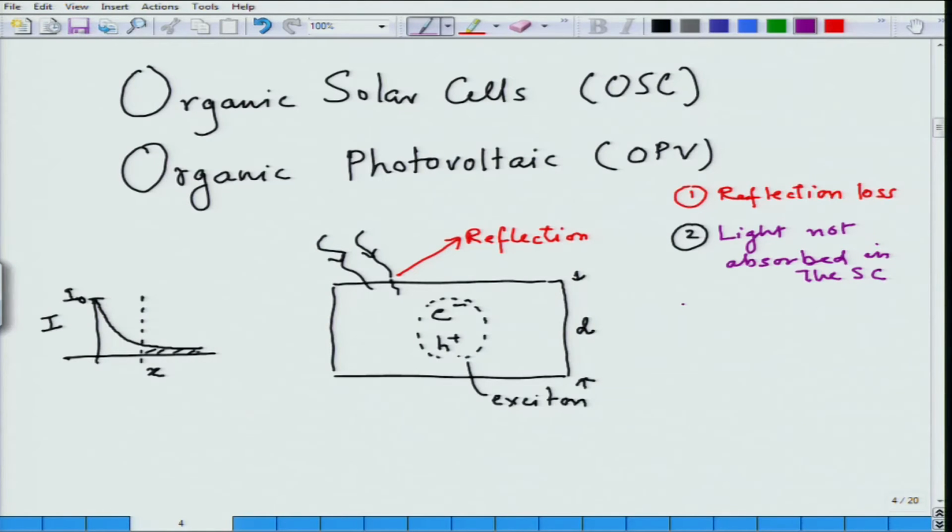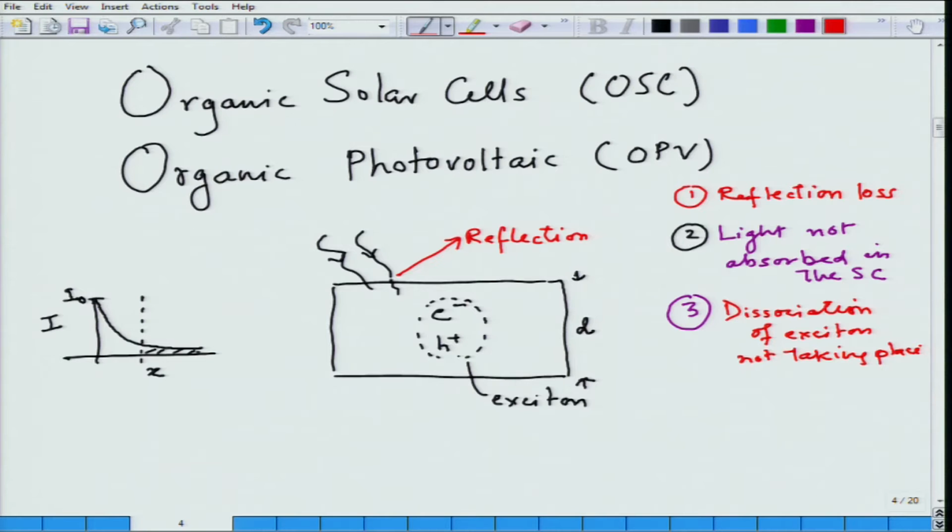So, the third possible loss in this material is dissociation of exciton not taking place, which basically means that the exciton which is formed recombines, electron and hole recombine, and the exciton is lost.